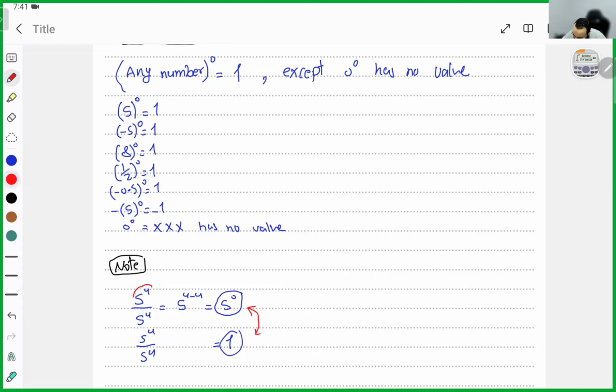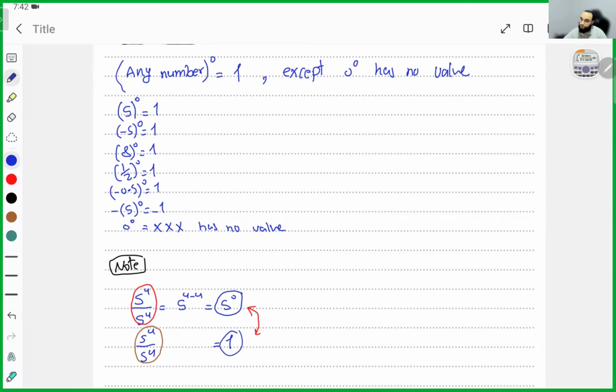Why? Because any number power of 0 was firstly a division question like that, and when we subtracted the powers, we got 0. But also it's a number over itself, which is 1. So the 1 is 5 power of 0.